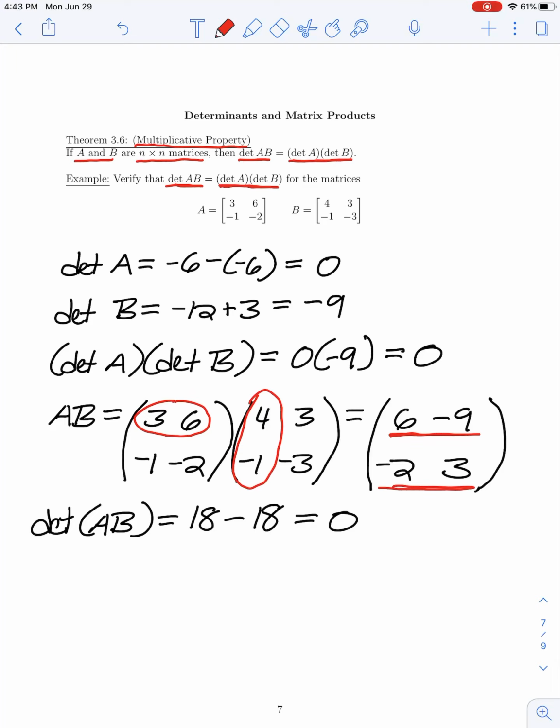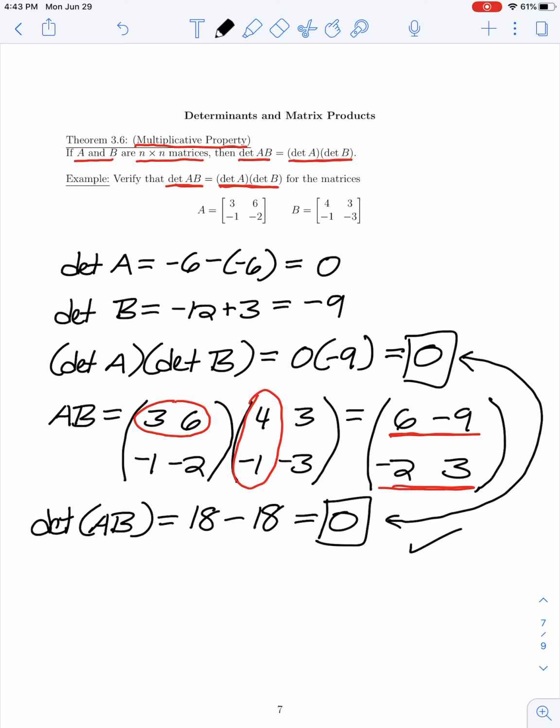So if one is a scalar multiple, that means those rows are linearly dependent, so the determinant must be 0. Or here for a 2 by 2 matrix, we could find it directly from our formula. So here it does follow that the determinant of A times the determinant of B is the same as the determinant of the product, A times B.